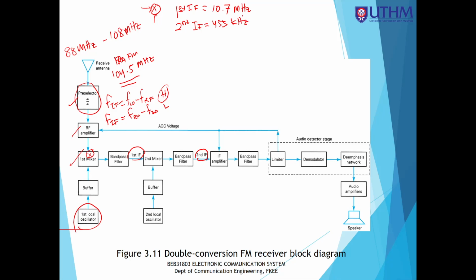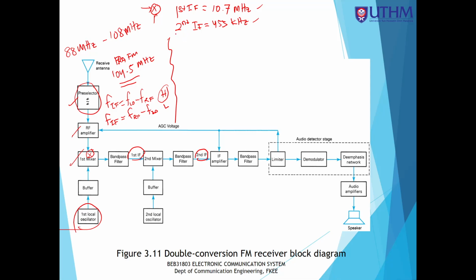So the second IF is similar to the intermediate frequency in amplitude modulation. The 10.7 megahertz and the 455 kilohertz are the center frequencies of the intermediate frequency. So how does the mixer converter find the intermediate frequency?